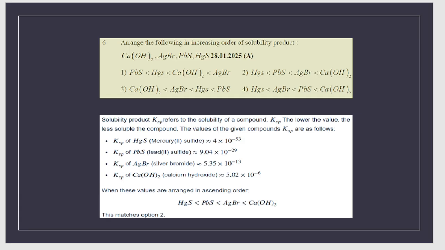Arrange the following in the increasing order of the solubility products. How to come to know the solubility product? The compound which is less soluble will have the lower Ksp value. By looking at the solubility products, you can see the practical values.